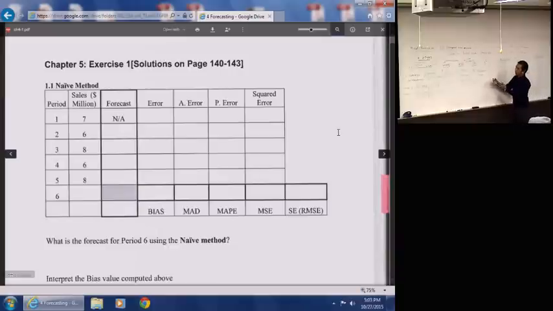This you have to memorize, but it's very easy, because standard error, or SE, is equal to the square root of mean squared error. So to compute the SE, first compute MSE, and then take the square root to get SE. It's that easy.